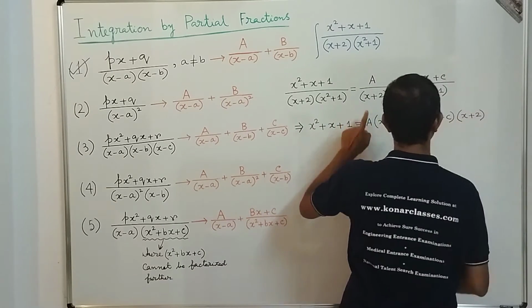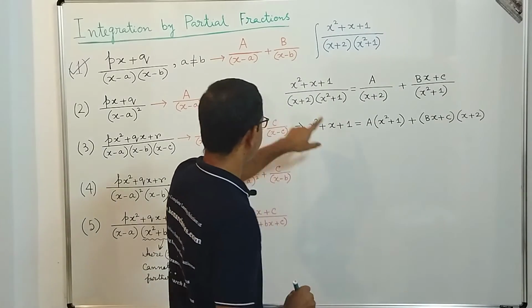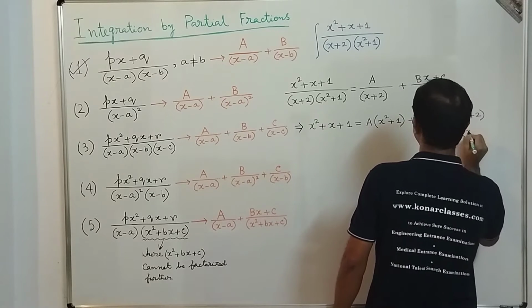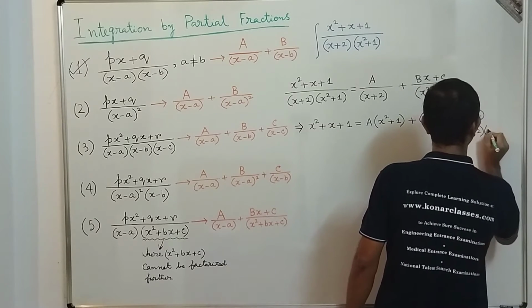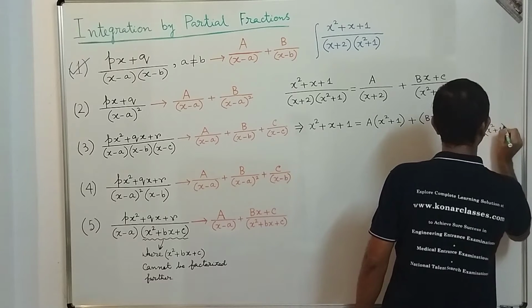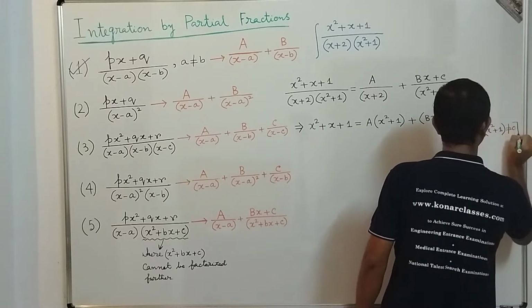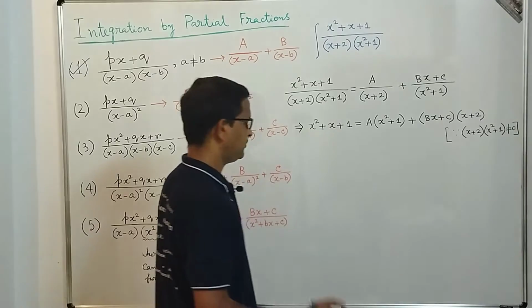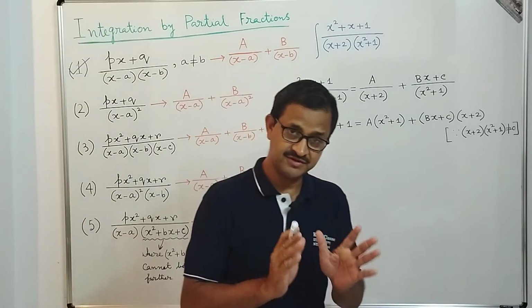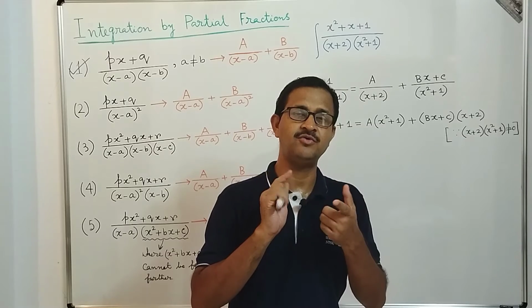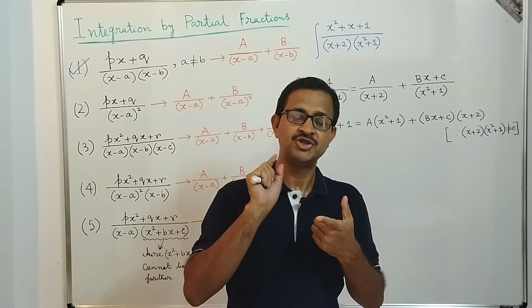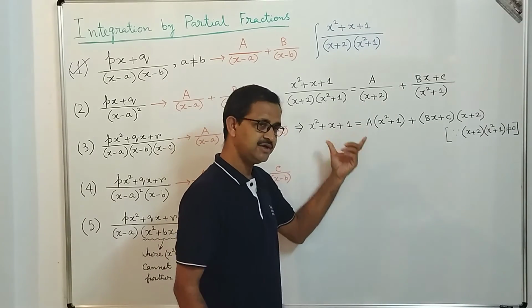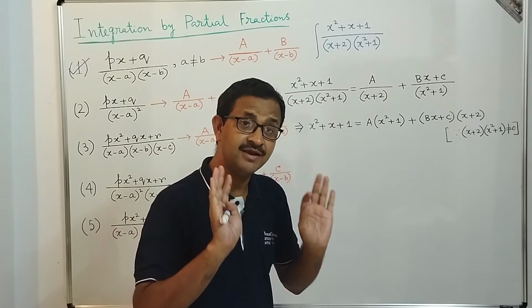You can write in the bracket that since x plus 2 into x square plus 1 is not equal to 0. Now, dear students, there are two ways you can find the value of capital A, capital B, capital C. The first one is that we can apply values of x, because this is an identity, so it will be true for any real value of x.